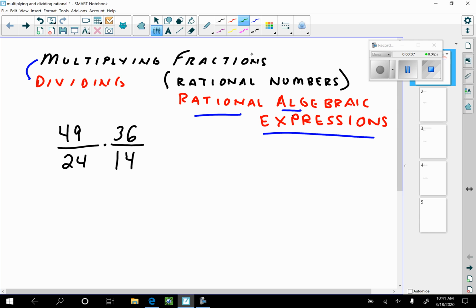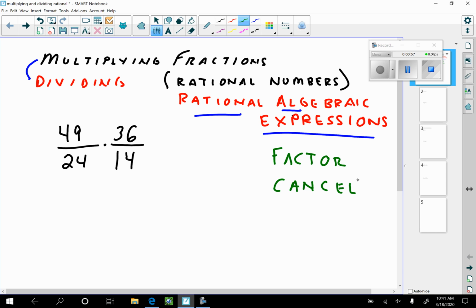We have been telling you all year long, when you multiply two fractions, you factor and cancel. Factor, then cancel. You factor the top and bottom, and then you cancel like factors.